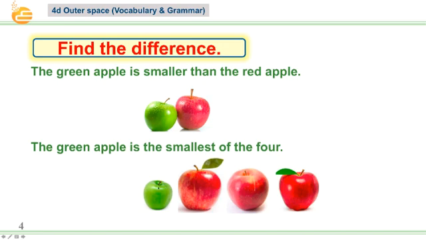The smallest is the green apple. So here we compare between the red and the green one, and here we compare the green one with all the apples. Okay?